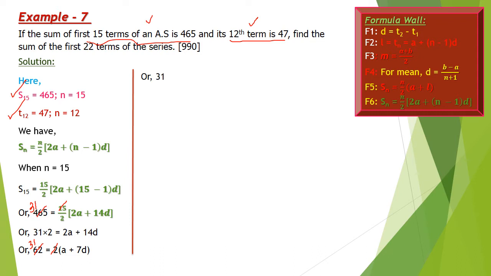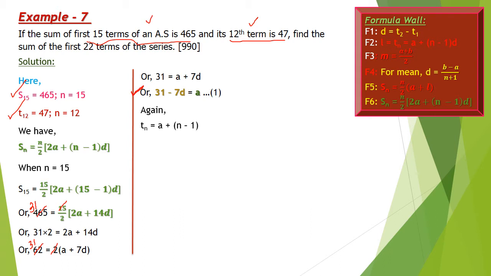Or 31 equal to a plus 7d. Now 31 minus 7d equal to a, you can see the pattern. We arrived at this point in previous question also, in the question before also. This step, we arrived at this step in both of our questions, in example 4 also, in example 6 also.